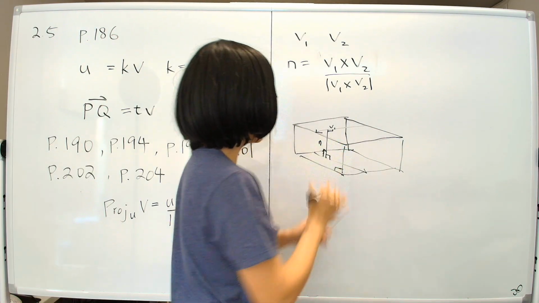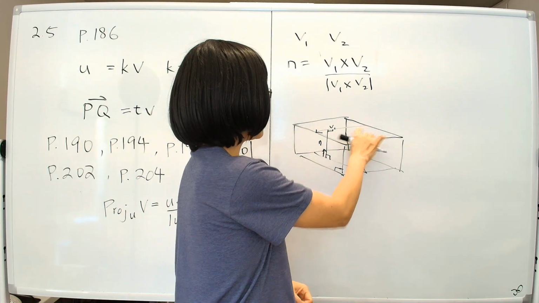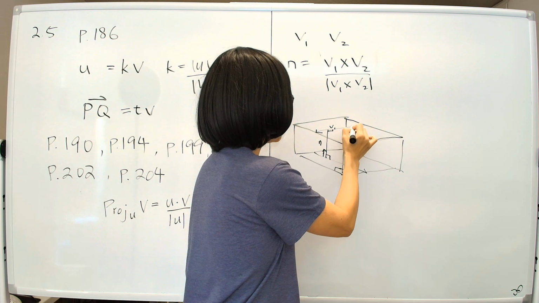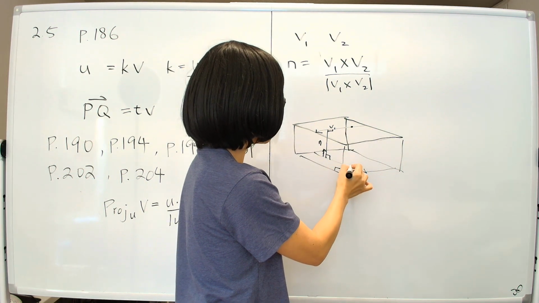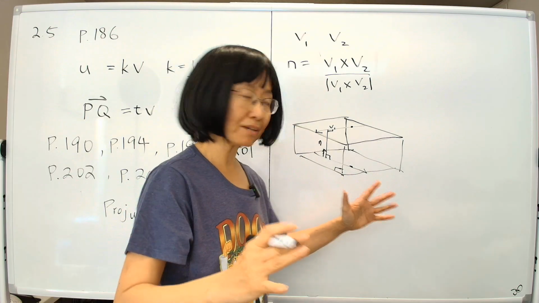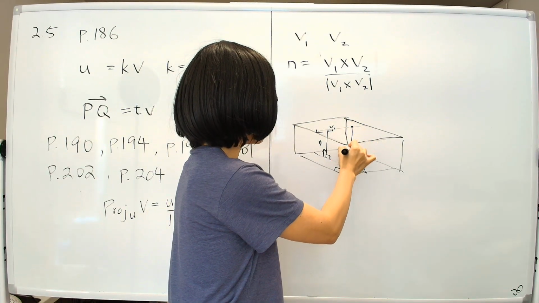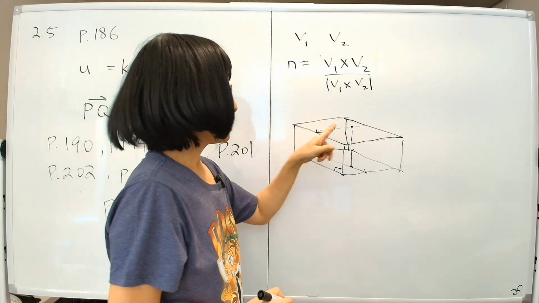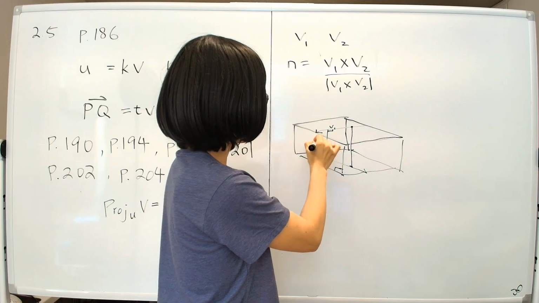What we're gonna do is find a point on v1, doesn't matter where, and then find some other random point on v2, again, doesn't matter where, and then draw the box big enough so that it contains both points. Then we connect these two points, and that is a vector. We calculate this vector, and then project it onto n.